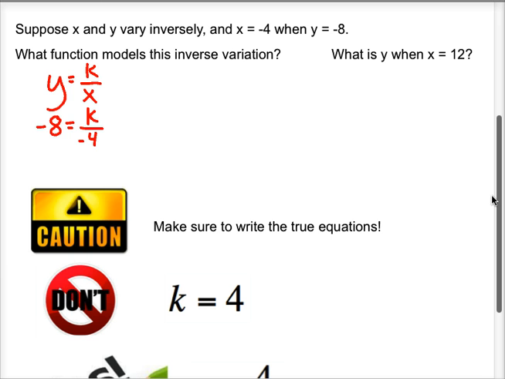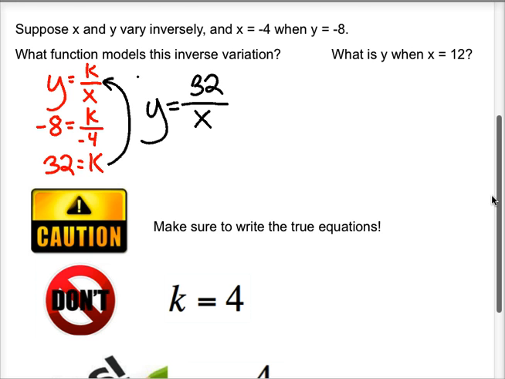I want k, so I multiply that -4 over. So k is a positive 32, because -8 times -4 is a positive 32. But again, the true equation comes from when you plug it back in. So y equals 32 over x.